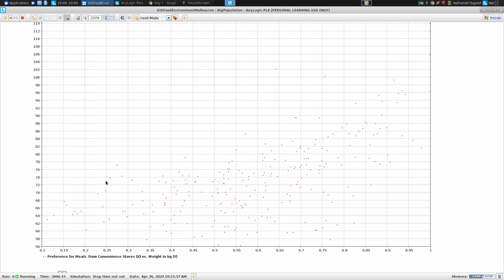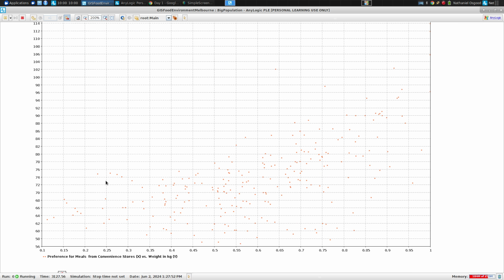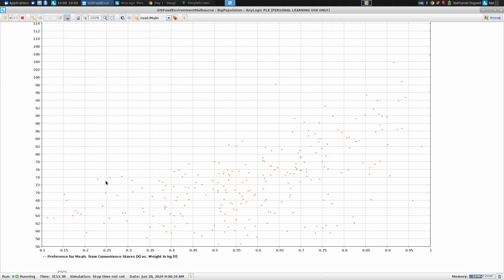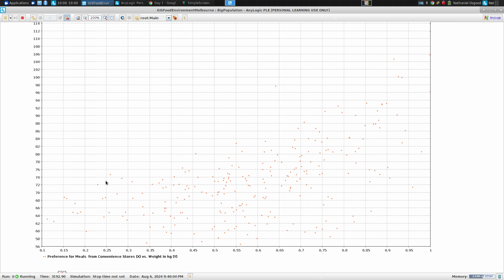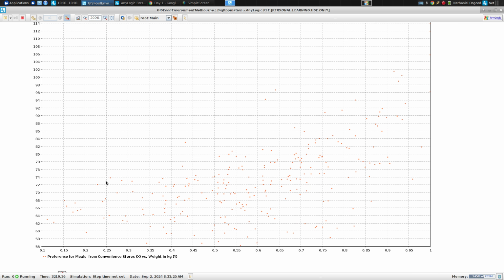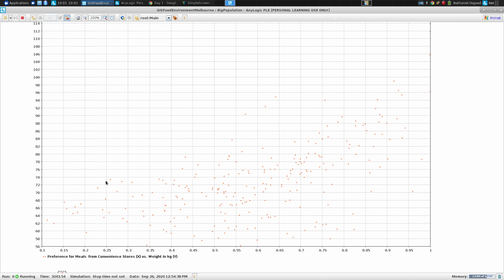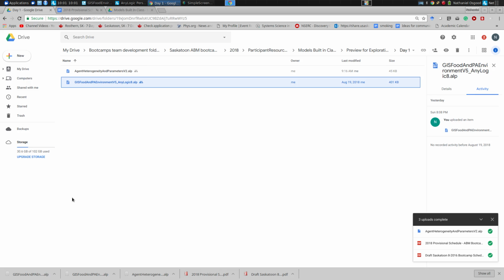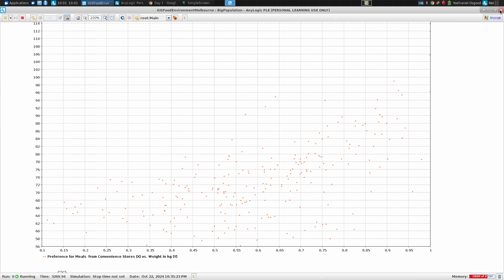For example, this preference for meals from convenience stores versus weight needs to contend with the fact that individuals engage in physical activity dependent on their park distance, and the distance to parks might have some association with the distance to convenience stores or grocery stores. And as a result, we get generated patterns from the model, emergent patterns from the model that are not at all obvious when you first look at the model assumptions.